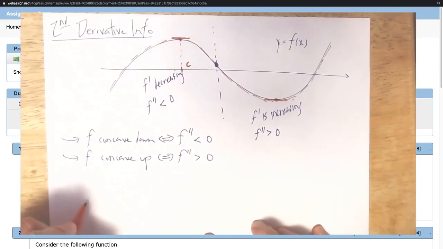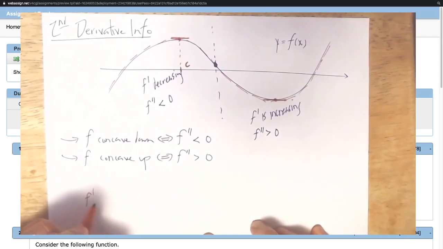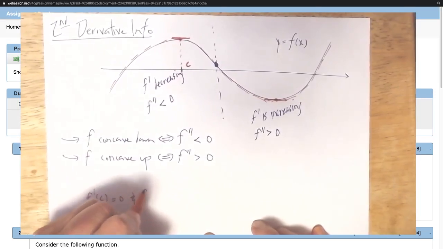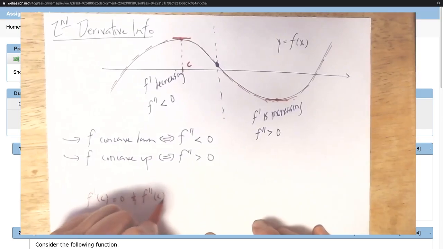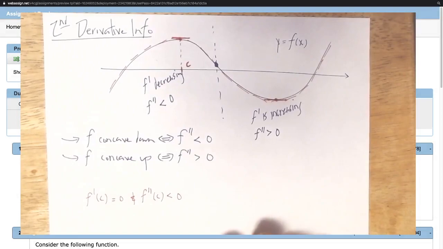What if I told you that f prime of C is equal to 0 and f double prime of C is less than 0? What could you make of that?